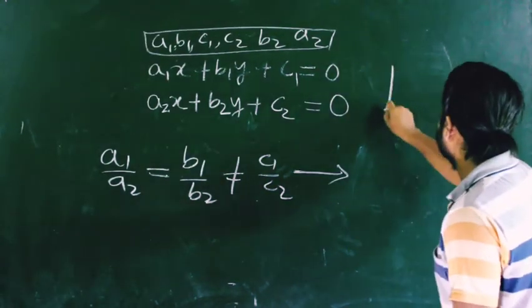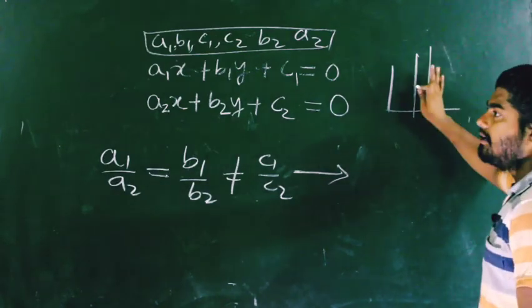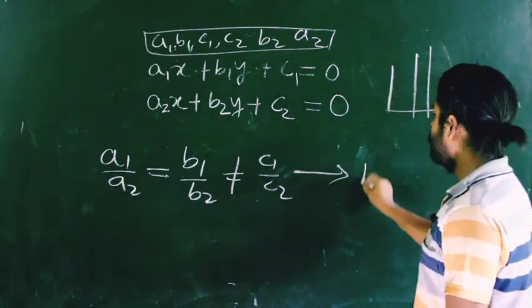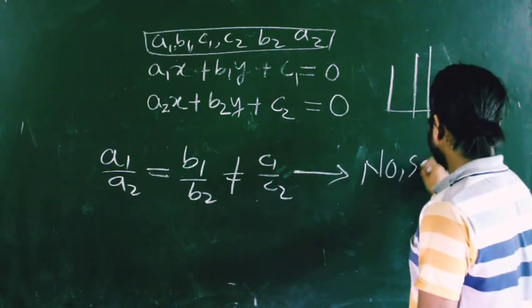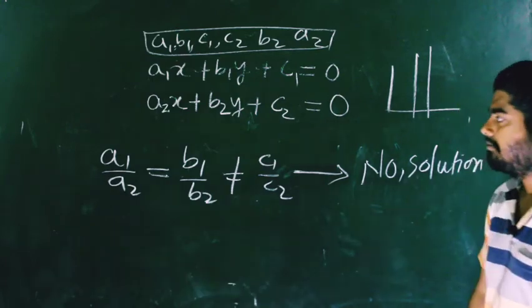That means the graph somewhere will look like this. They will be parallel lines, so they will never meet, so no solution.